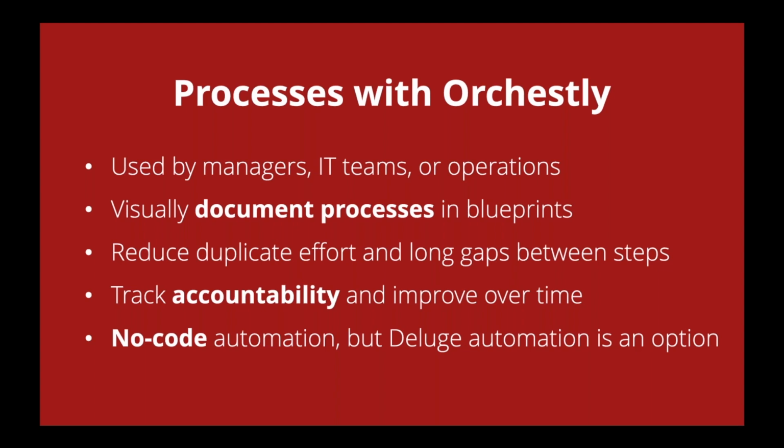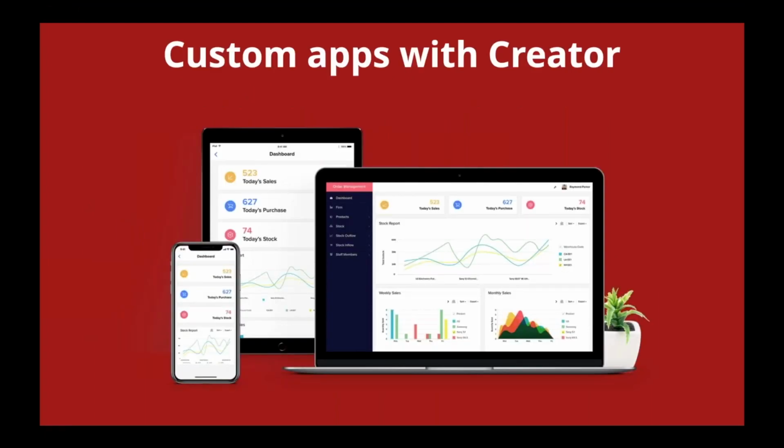In the future, you'll see more and more of that Deluge get abstracted away, where you'll have a lot more options to do things without having to write code. But for now, you build the process yourself. It doesn't take any coding. If you want to automate something in an app or update information automatically in an app, that's when you would move over to Deluge.